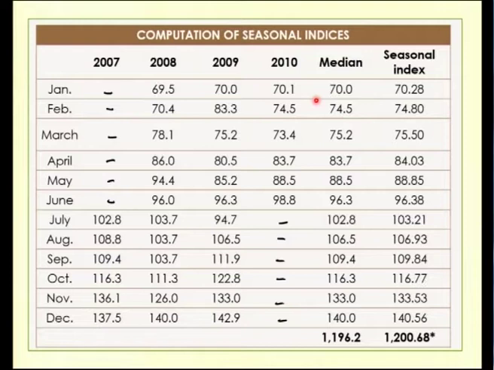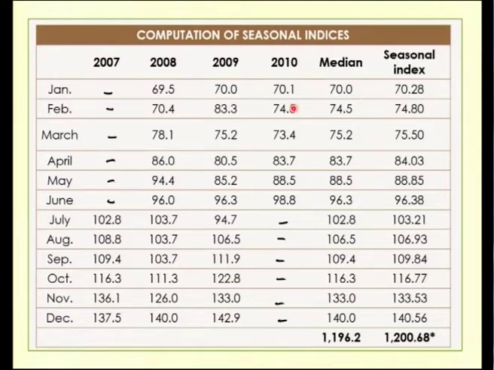So, the median here is for the January month of the years 2007, 2008, 2009 and 2010. There are only 3 values because for the year 2007 there is no value. So, 69.5, 70.0, 70.1 are arranged in ascending order. The middle value is 70.0, so the median is 70.0.